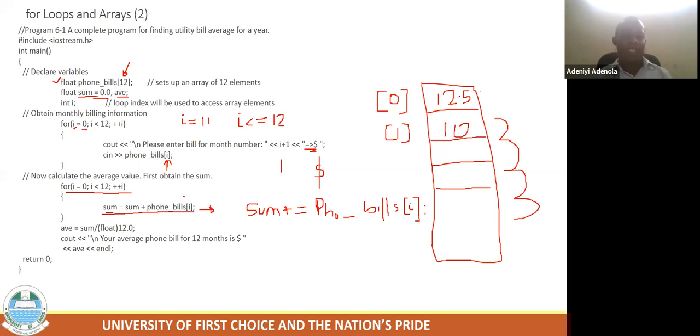Except if you want to say form bill i plus form bill, that might look cumbersome. You can't be doing form bill 1 plus form bill 2. That will work, but to save you, just declare this sum as 0. So as you add to it, your sum is incremented.